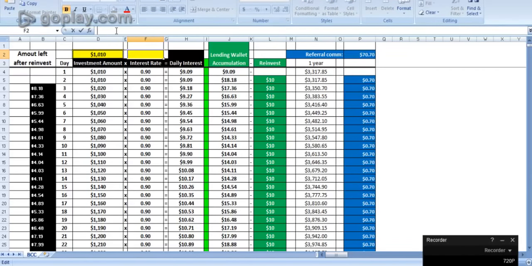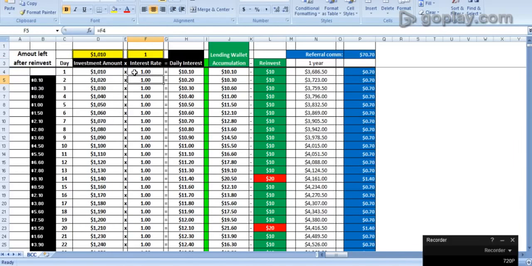So instead of 0.9, it would be 1% in this example. Your $1,010 paid out at 1% would give you a daily interest of $10.10.